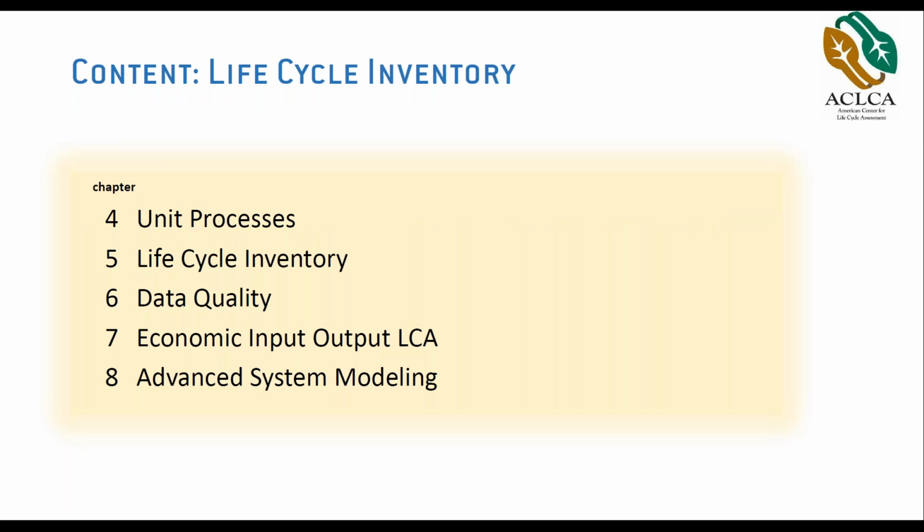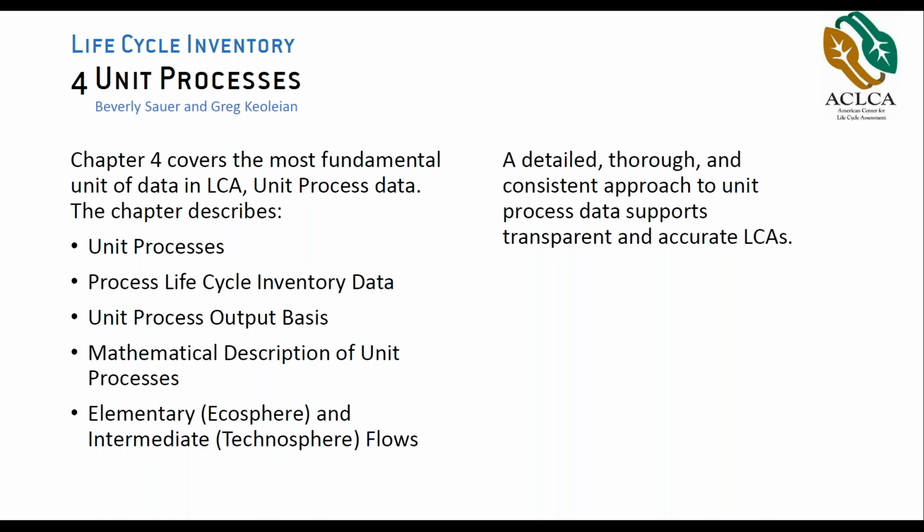So our next section is on life cycle inventory, and we have 5 chapters here: unit processes, life cycle inventory, data quality, economic input-output LCA, and advanced system modeling. This chapter introduces the most basic of data in LCA, which is the unit process.